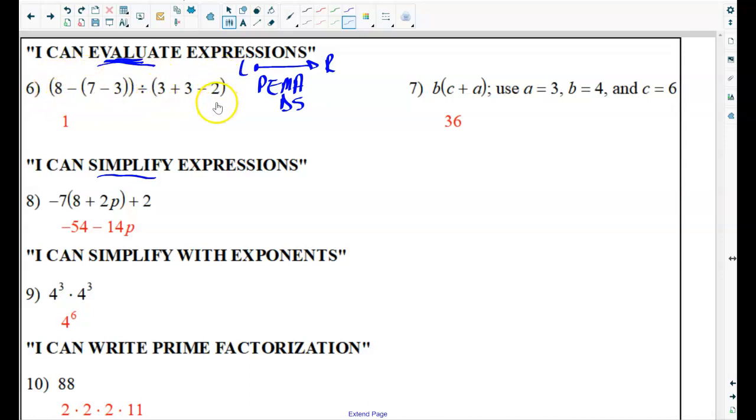Open 1, close 1. Okay. So you can count how many times it's been opened, and you expect to close them somewhere along the way. Otherwise, there's a problem. So anyways, when it comes to so many parentheses, you can always go to the one furthest inside, which is this one, okay? So I'm going to have 8 minus 4.